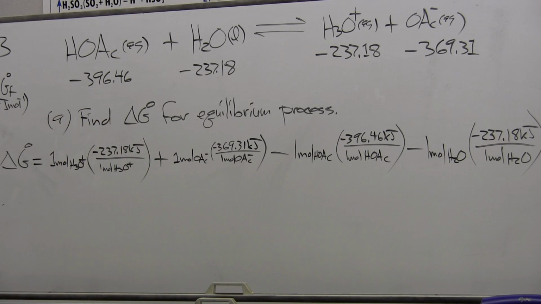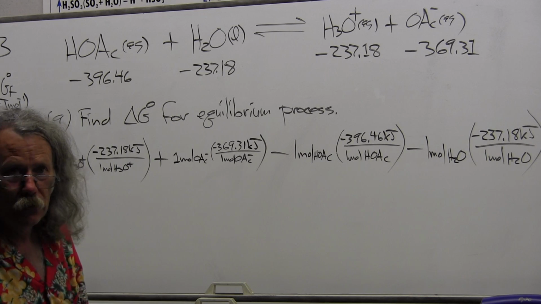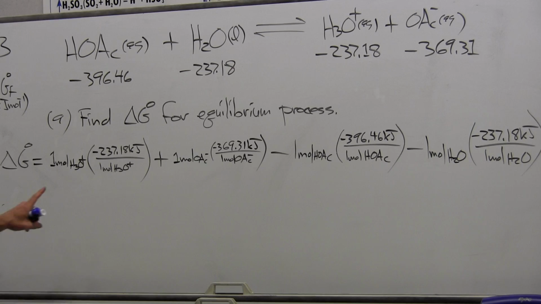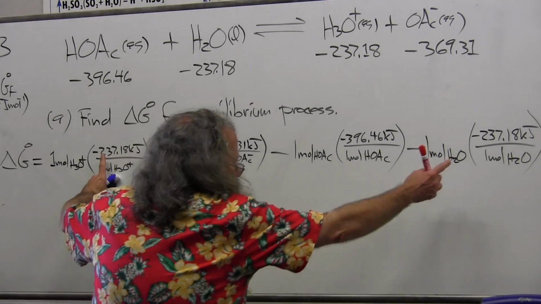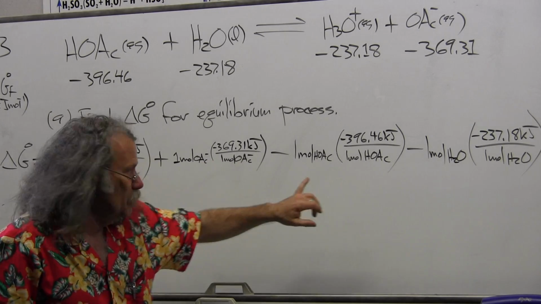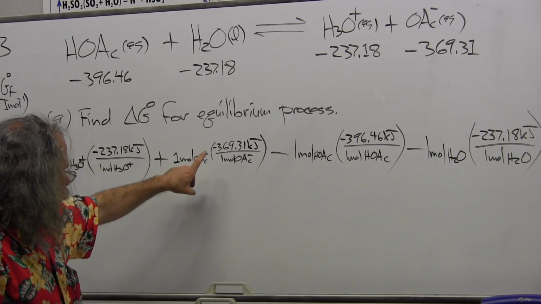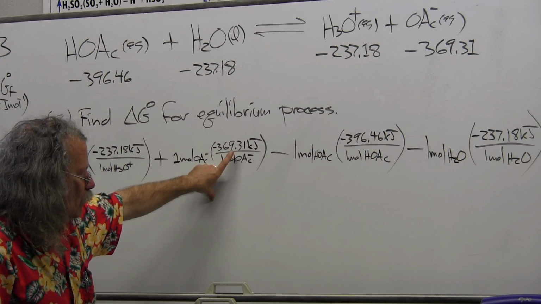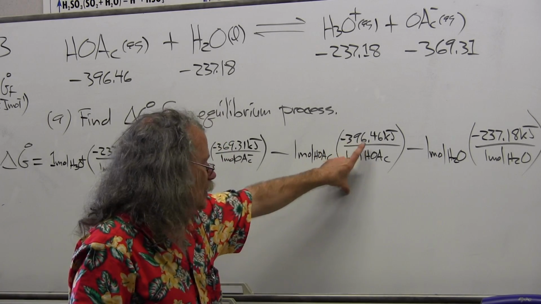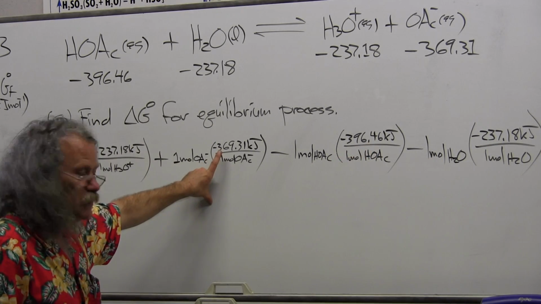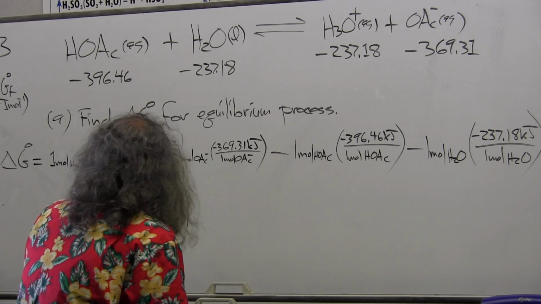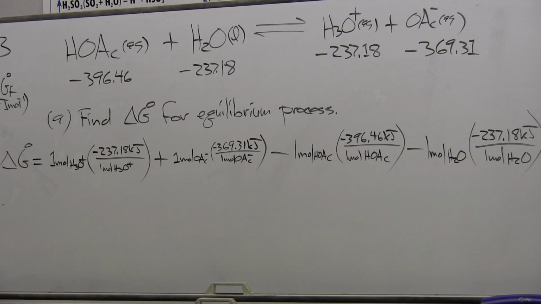And now we can go to our scratch paper and do our calculation. I can note that this and that cancels out, so it turns out to be an even simpler problem in this case. It's going to be minus 369.31 kilojoules minus a minus, which is plus 396.46.